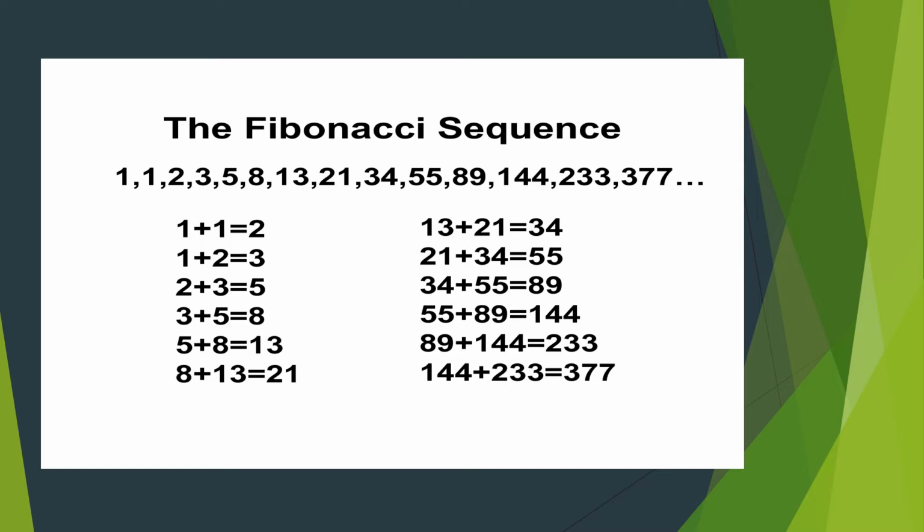The next element, 2 plus 3 is equal to 5. The next element, 3 plus 5 is equal to 8. In the same way we keep repeating until we find the 377 element: 144 plus 233 equal to 377. This is a general example for the Fibonacci sequence.